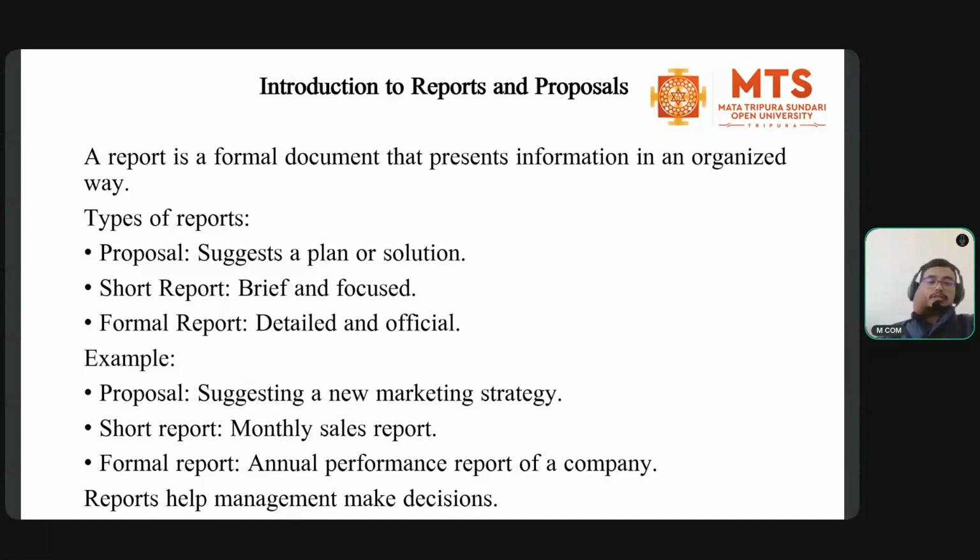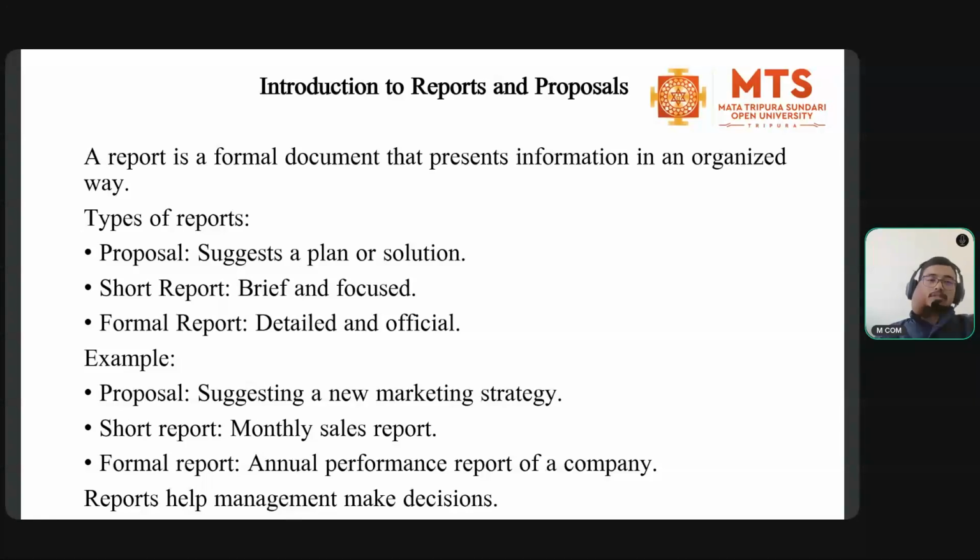There are different types of report. First, a proposal suggests what should be done. A short report is brief and focused on specific information. A formal report is detailed, official, and well structured. Reports are important because managers and decision makers depend on them.